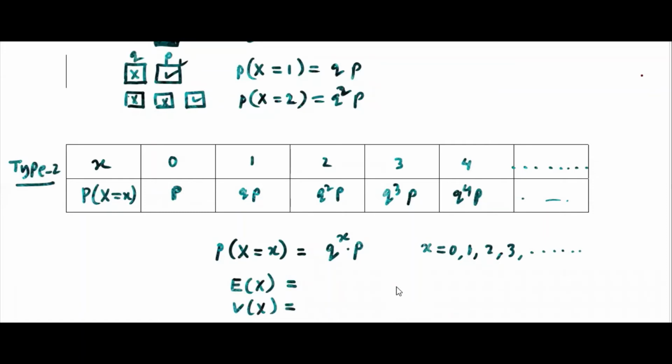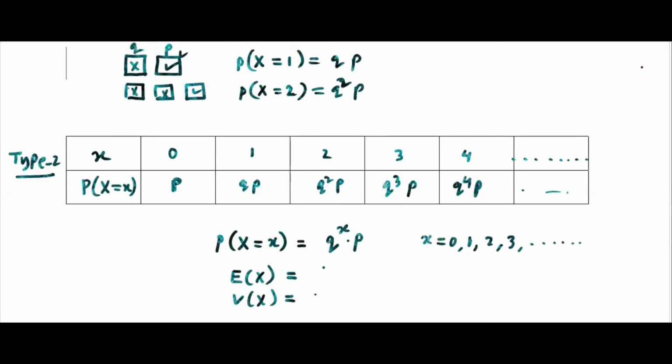Remember, expected value will be Q upon P here, and variance will be Q divided by P square. That you need to remember. And there will be a simple derivation like the previous one. You can always do it. You write E of x as 0 multiplied by P, 1 multiplied by QP. That way you can find it. And variance of x you can also find. You will get all this.